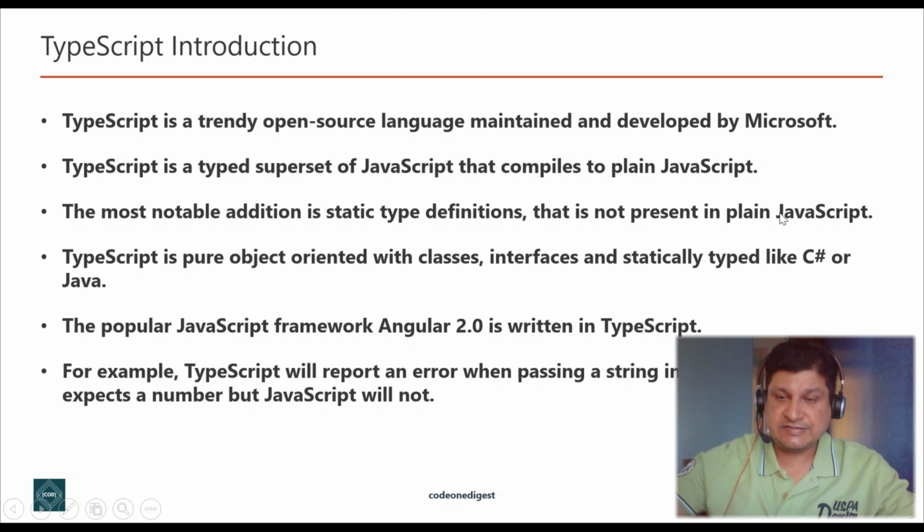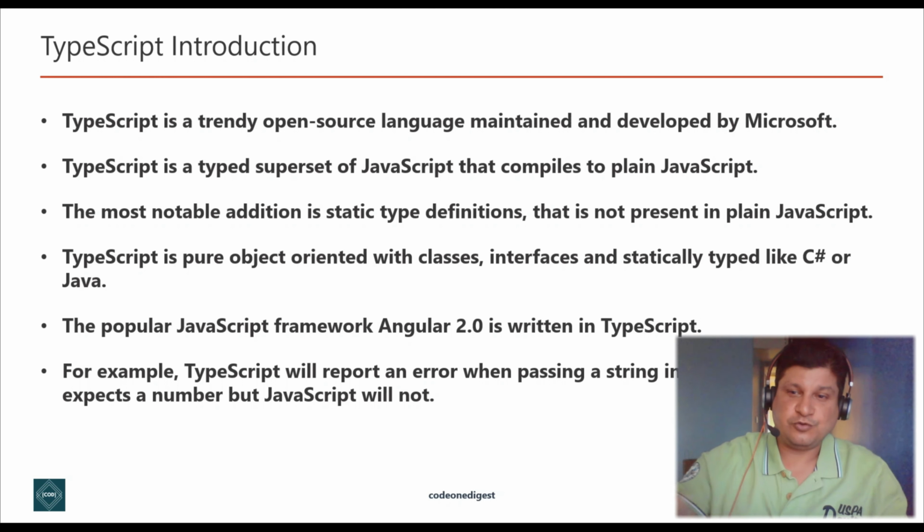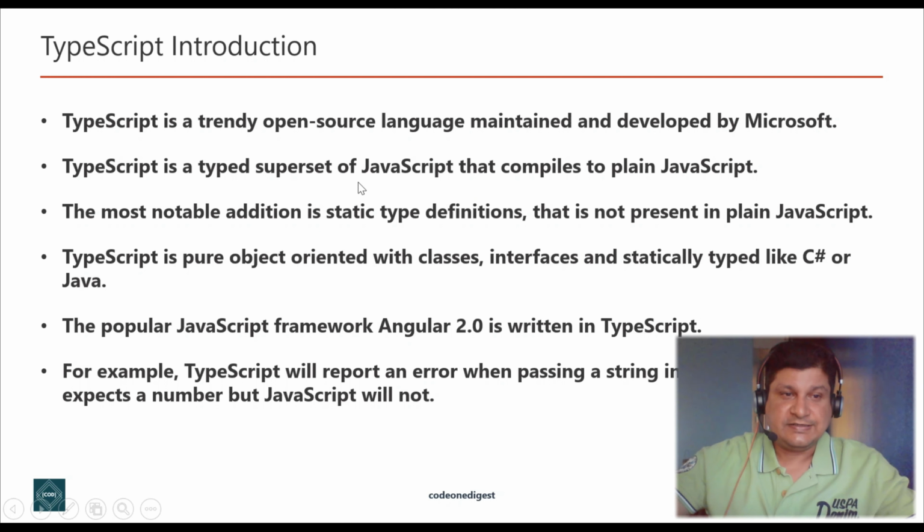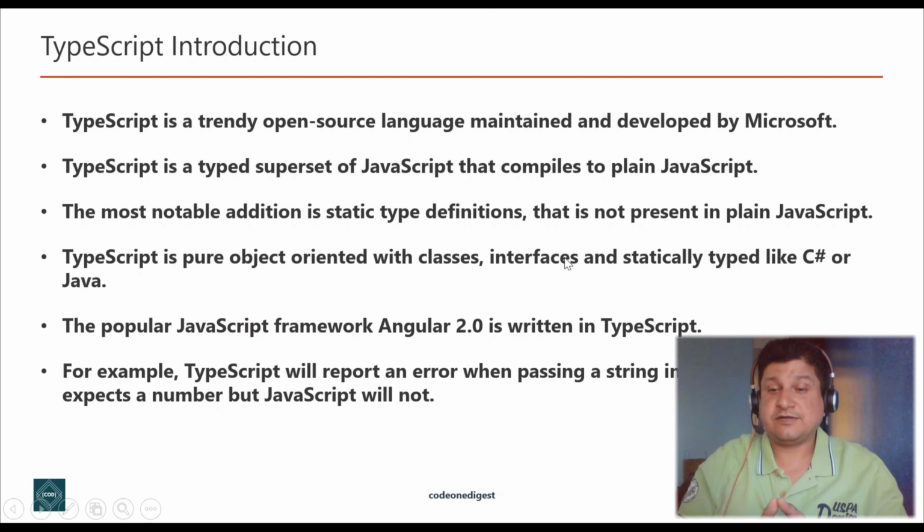As I said, in JavaScript, we don't have a mechanism to define the data type of a variable, but TypeScript gives you that control. Okay, TypeScript is a purely object-oriented language with classes and interfaces. The way we write classes and interfaces in C Sharp or Java, we can write classes and interfaces in TypeScript as well, because TypeScript is also a kind of object-oriented programming language, right friends?